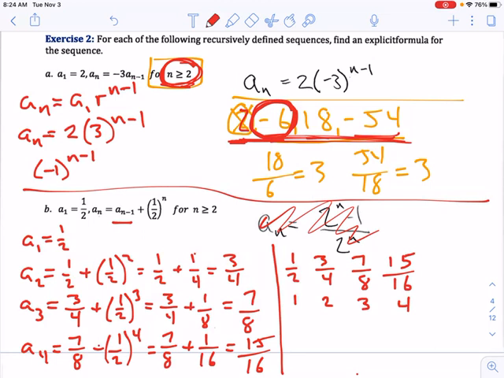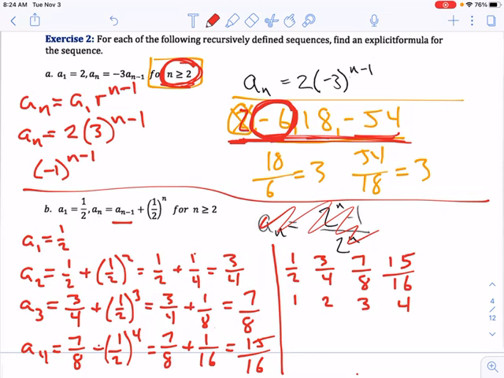Okay. Well, that looks like there's a common ratio. 4 divided by 2 is 2. 8 divided by 4 is 2. 16 divided by 8 is 2. So it looks like it's geometric. But also to aid me in that, I notice that each one of them is 2 raised to the n power.